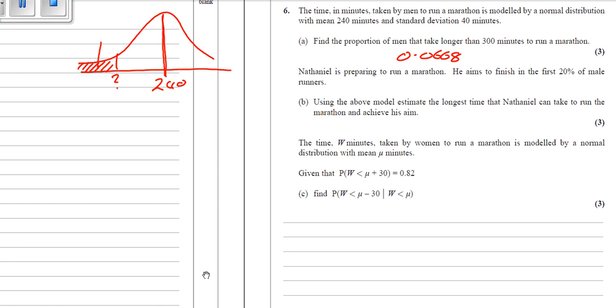This area here is 20%, which is going to be 0.2. Once we've done our M diagram, we're going to convert that into the Z diagram and work out what this value is here. So that is 0.2.